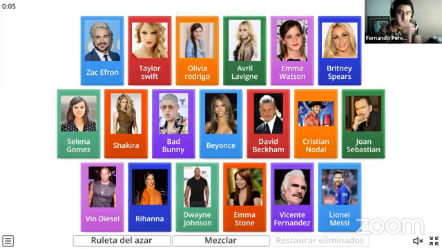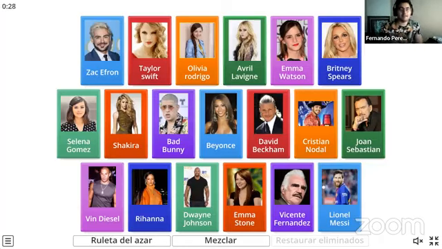You need to select one, but don't tell us which one it is. It's going to be only one person. Everybody will ask questions about this person, and the person who gets it wins.